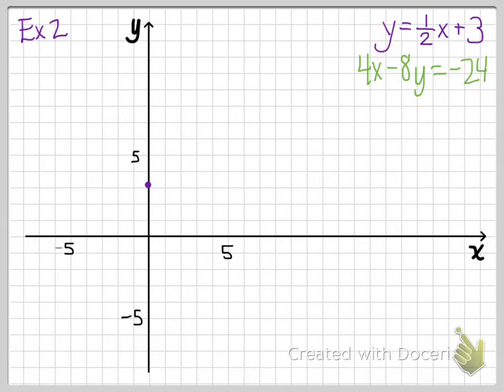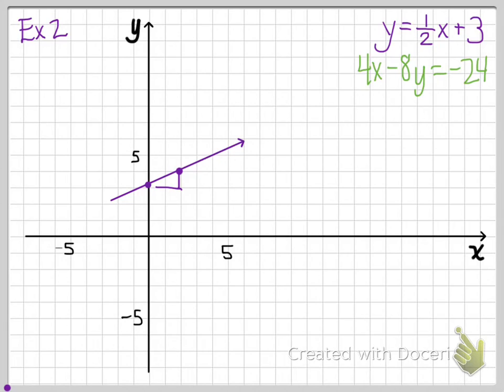I'll use that to get my next point: go a distance of 2 in the horizontal direction and up 1. From that, we can graph our line, which comes through here, something like that.